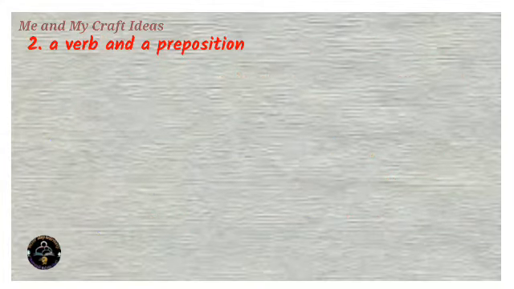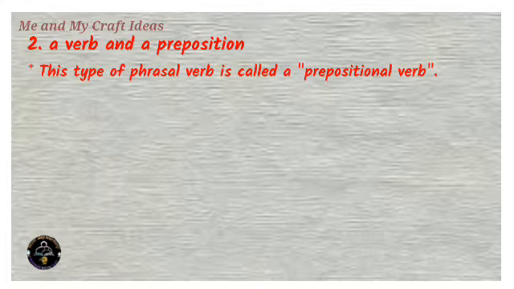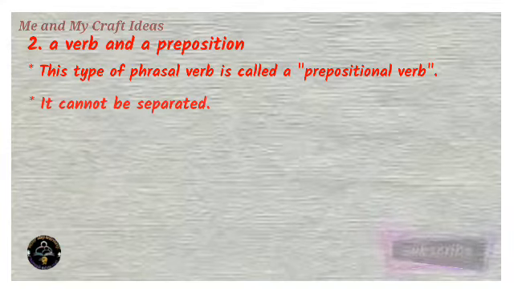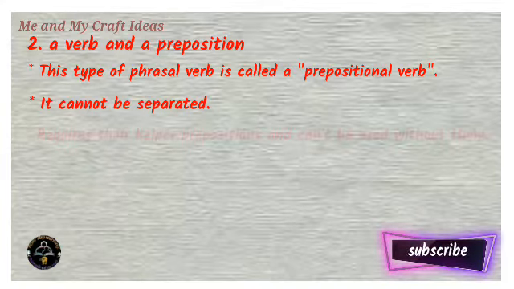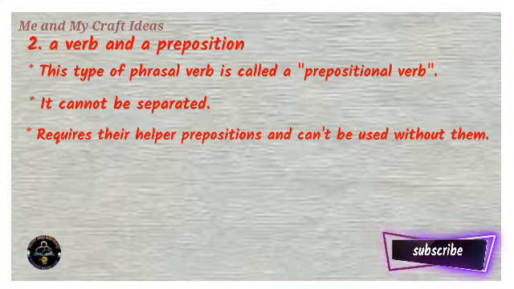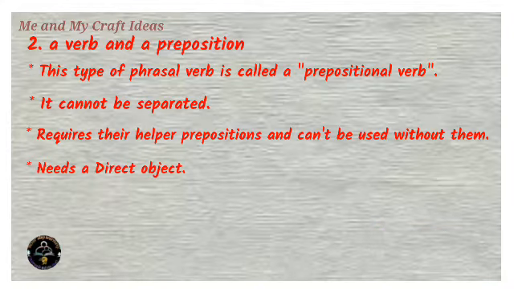Let's see the second type now, that is the combination of a verb and a preposition. This type of phrasal verb is called a prepositional verb. It cannot be separated and it requires their helper preposition and can't be used without them, and it needs a direct object.